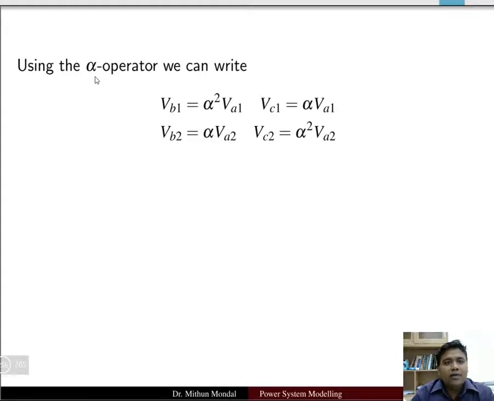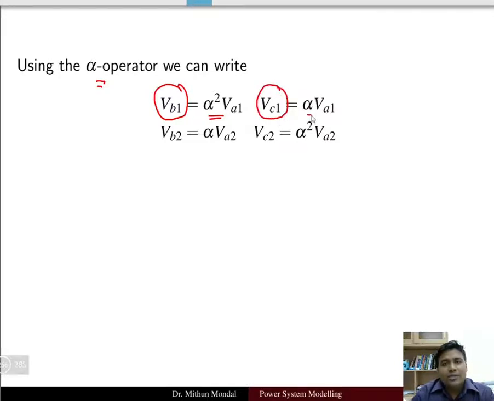Now the alpha operator can be used to transform the voltage. The positive sequence component of B phase is equal to alpha square times the positive sequence component of A phase. Similarly, the positive sequence component of C phase is equal to alpha times the positive sequence component of A phase.